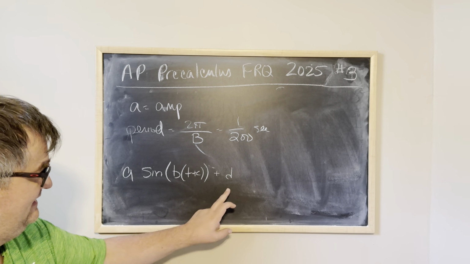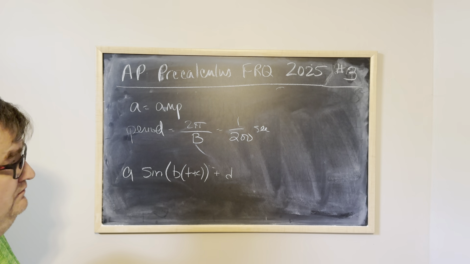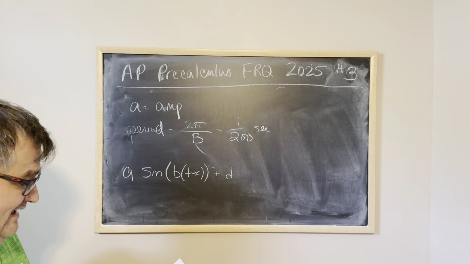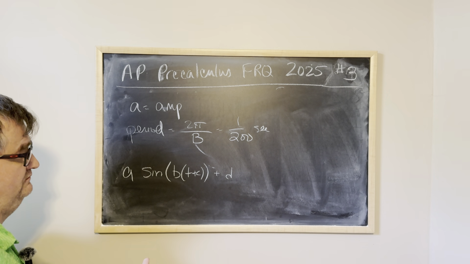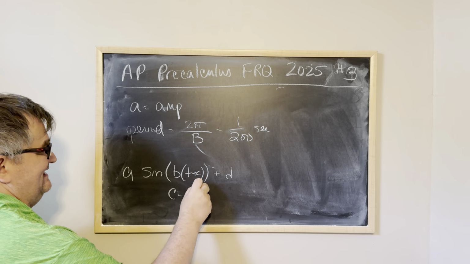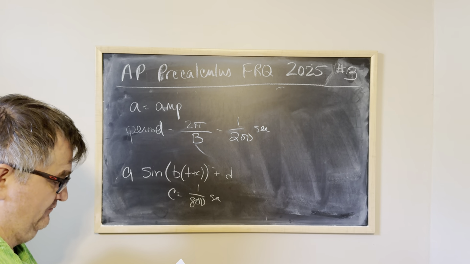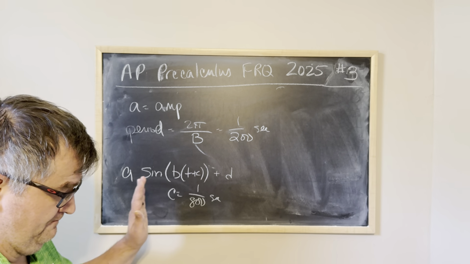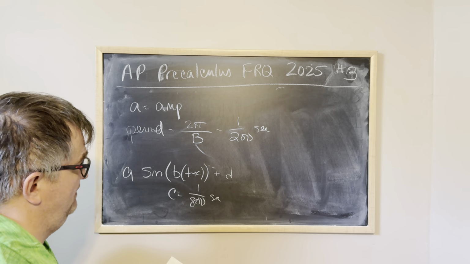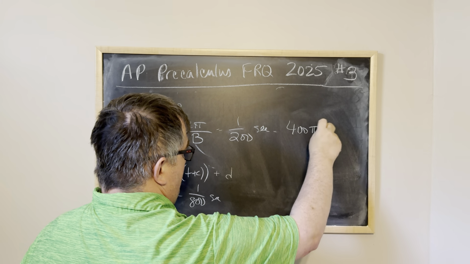Now, d is, does it shift up and down? No, it is very much anchored on the 0 line. And then you have a phase shift. And what you find out is that c is 1 over 800. There's a phase shift that you find. And so what you find out is b is 400 pi.